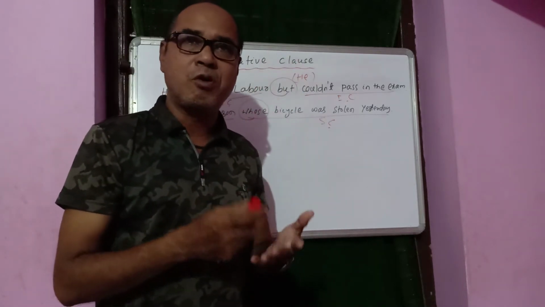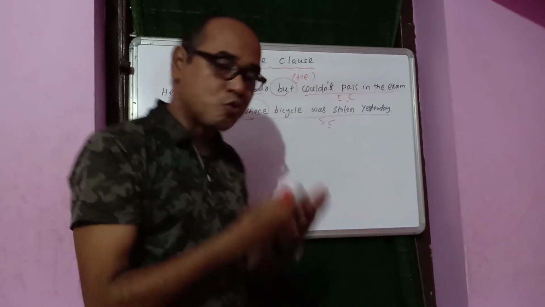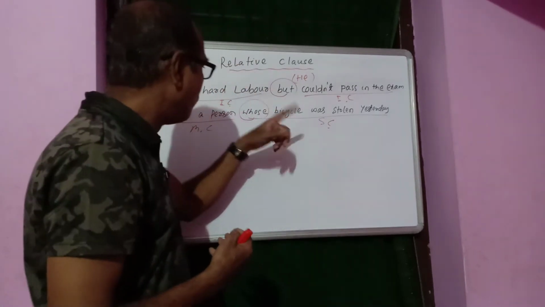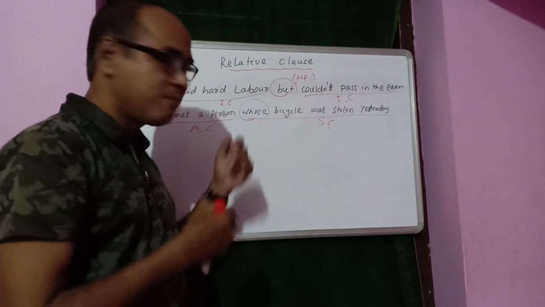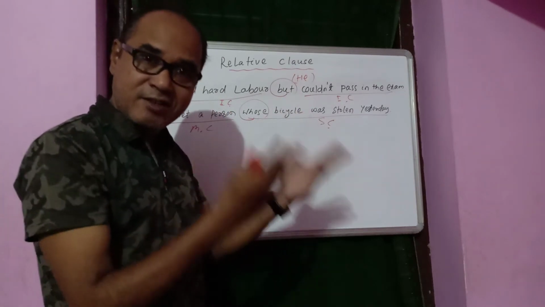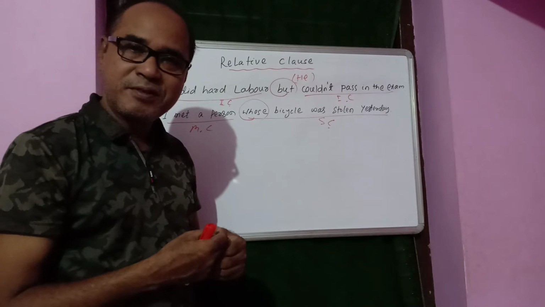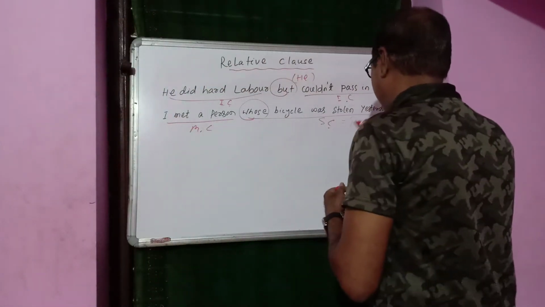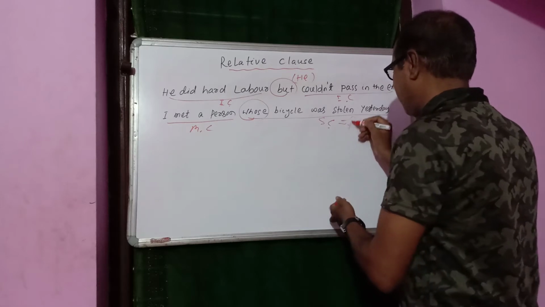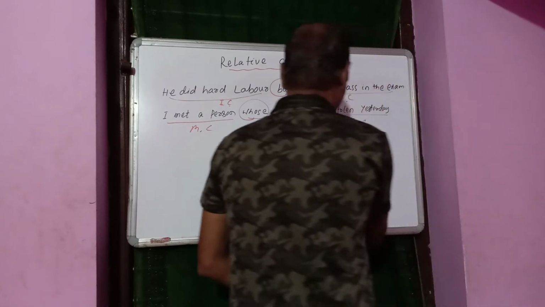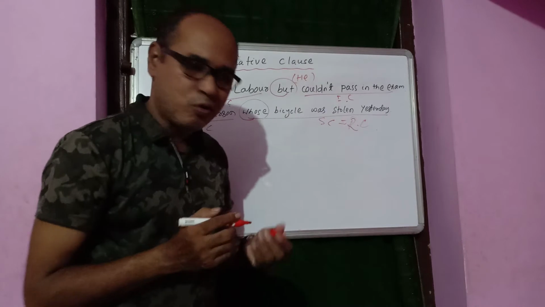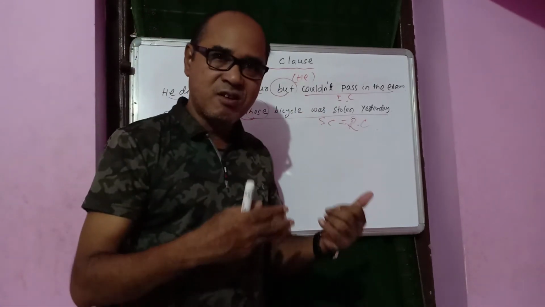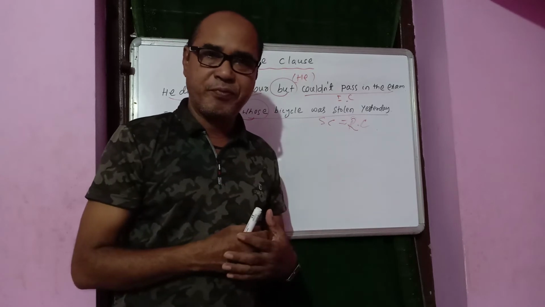A relative clause is a subordinate clause which is used after the noun or noun phrase. It modifies, it describes, it says something about the person. Okay, that's why this SC is equal to RC, relative clause, or you can say an adjective clause. It acts as an adjective. Are you clear?